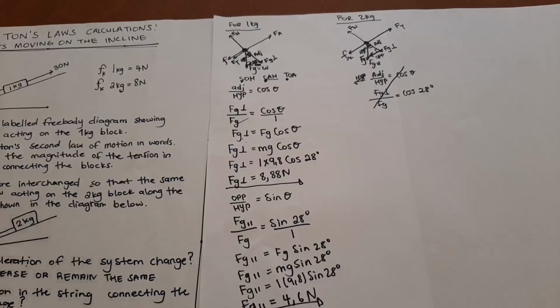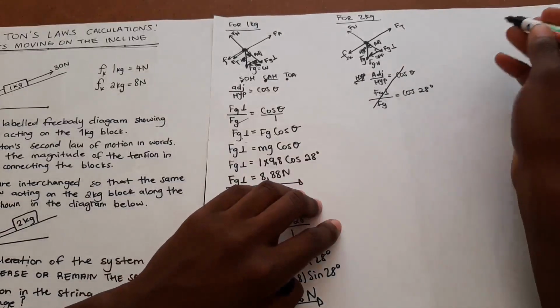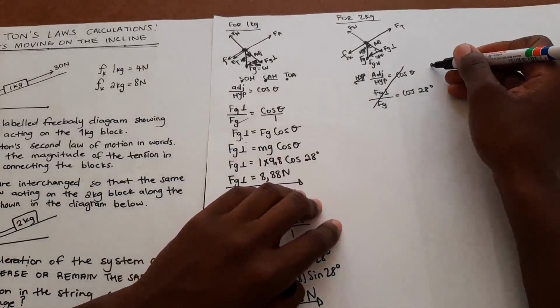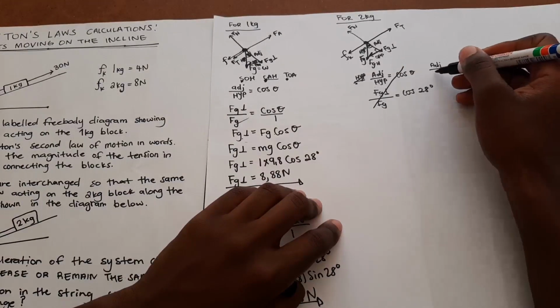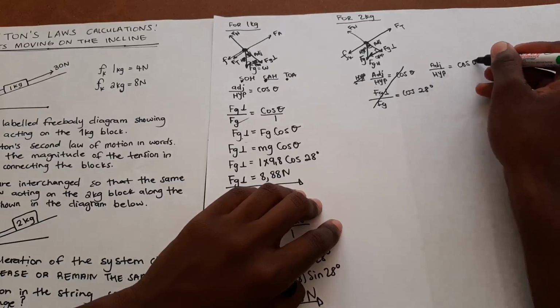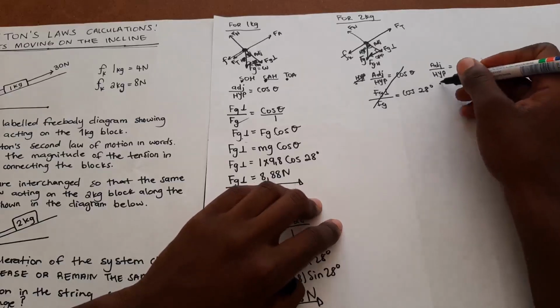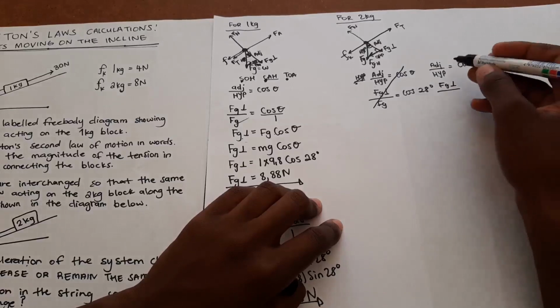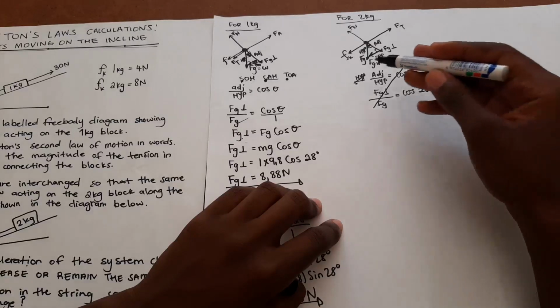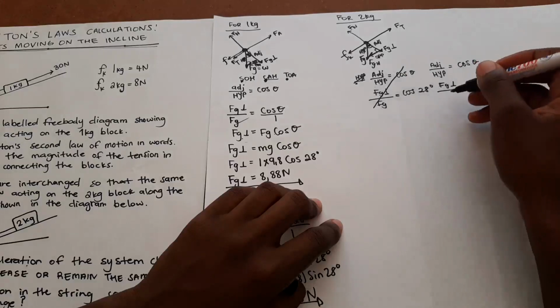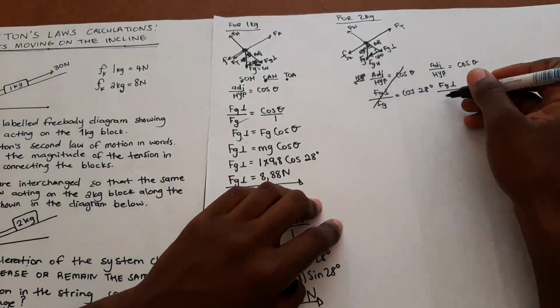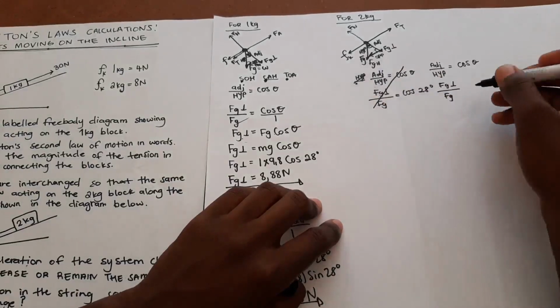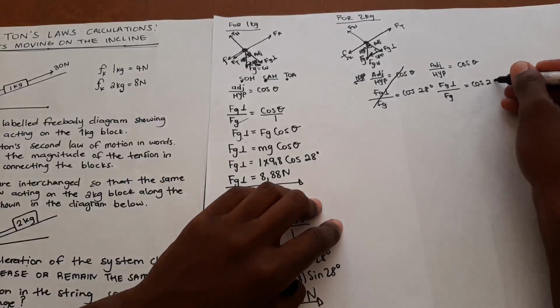Oh no, why did I cancel that? This was very correct. Sorry guys. So this is adjacent over hypotenuse, equal to cos theta, and the adjacent side is FG perpendicular over FG, the hypotenuse, equal to cos 28 degrees.